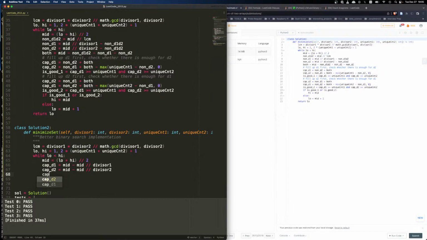And the capacity for both D1 and D2 is mid minus mid divided by LCM.